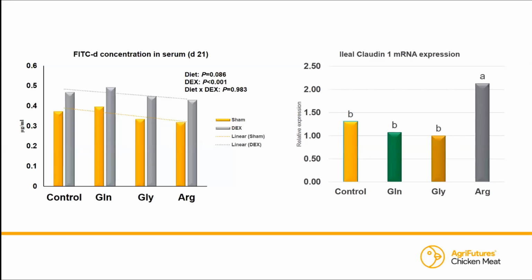Again, on the gut permeability side of things, we didn't see any statistically significant impact, but there was certainly a tendency to improve and actually reduce the gut leakage in the birds that had higher concentration of arginine, and this was associated with a higher expression of claudin 1 as one of the barrier-forming tight junctions.